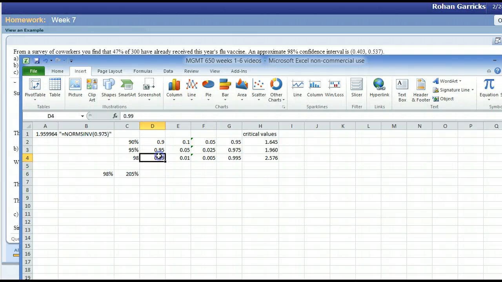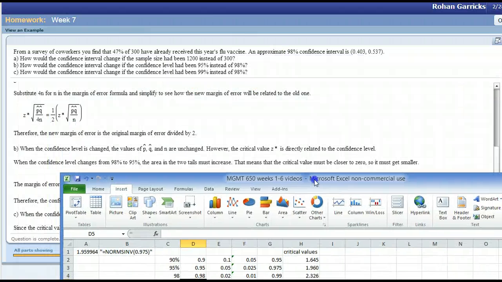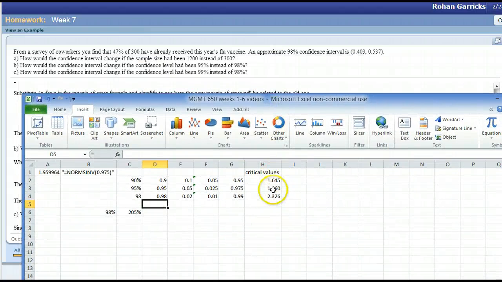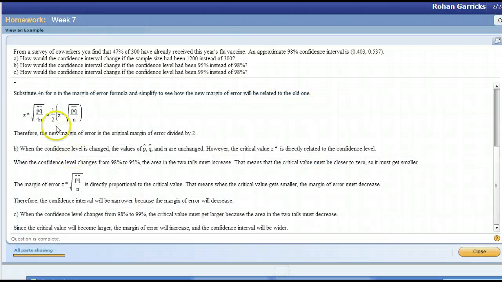This becomes 0.98 and it automatically calculates. So if we're going from 95 to 98, we're going from a critical value of 1.96 to a critical value of 2.3. So if you look back in this expression, you're increasing your critical value to 2.3 from 1.96. So therefore the confidence range is going to also increase.